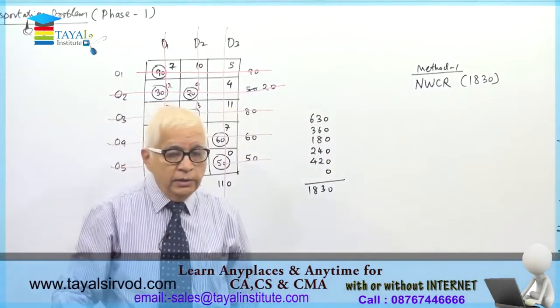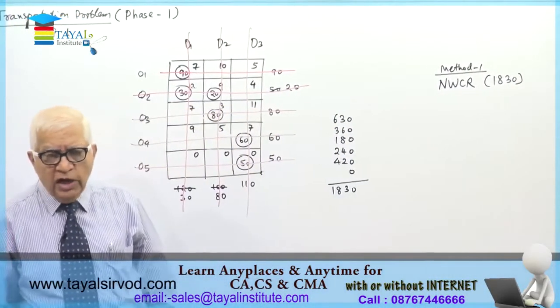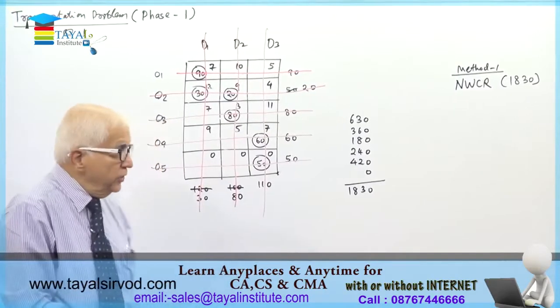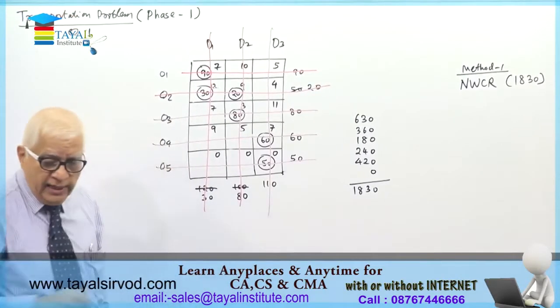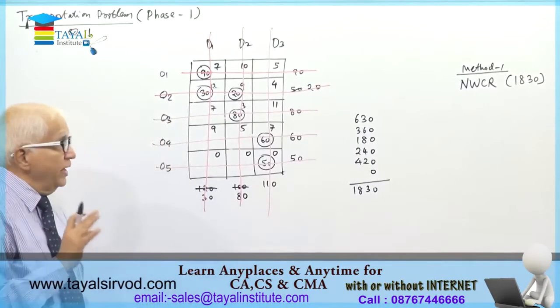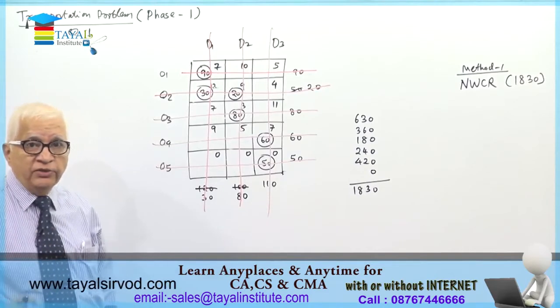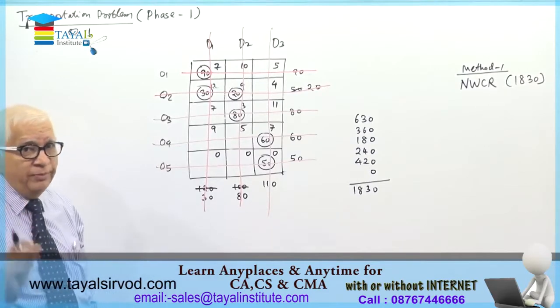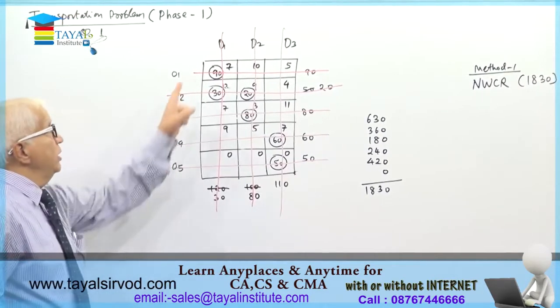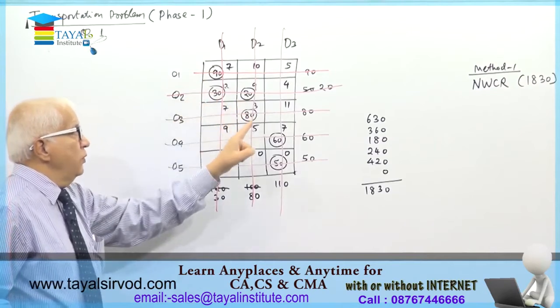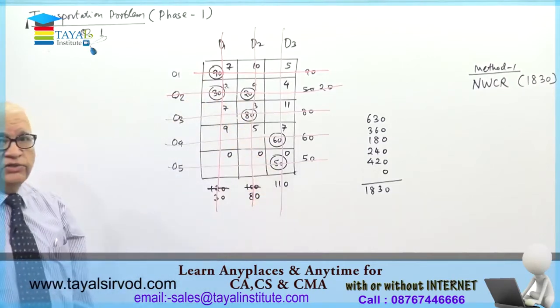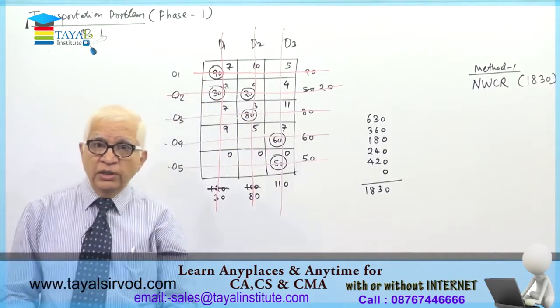Okay, fine. So for this solution, let's count the number of places where there is an allocation. Total cells in this matrix are 5 by 3, 5 rows by 3 columns. So 15 cells are there in this matrix. At how many places have we made allocation? 1, 2, 3, 4, 5 and 6. 6 places we have made allocation.